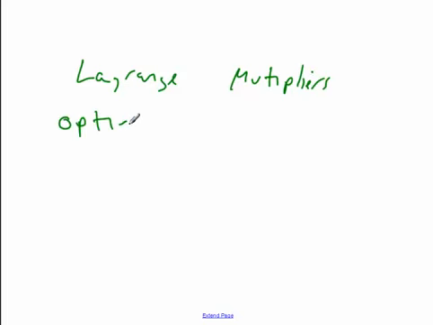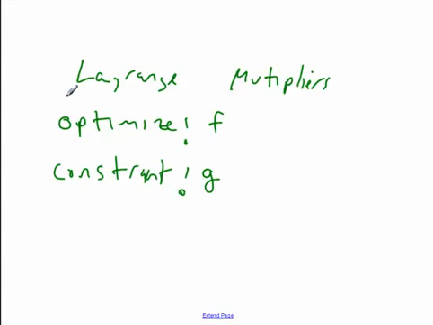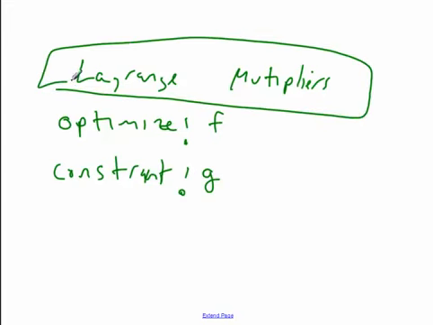So this is a big topic, the idea of Lagrange multipliers. But just to summarize it, if we have some function that we're trying to optimize and some constraint function g, basically just the gist of the Lagrange multiplier is that a max or a min will potentially occur on the boundary of the constraint, such that my function that I'm trying to optimize will be tangent to my constraint function.